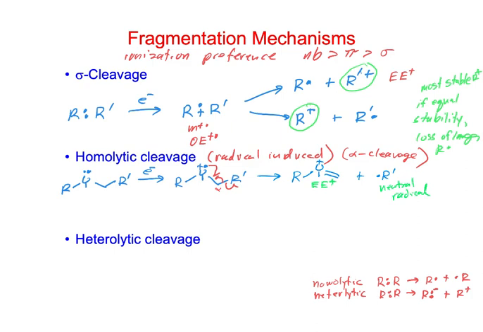Well, we'll show other examples later, but this could also be done if we had, say, a pi bond. When we ionize it, the way we draw this is that in this pi bond, there were two electrons, and now we've lost one of them.